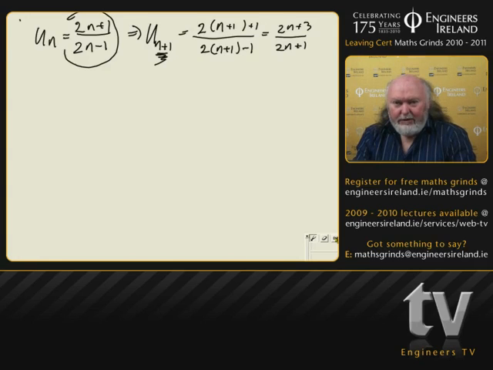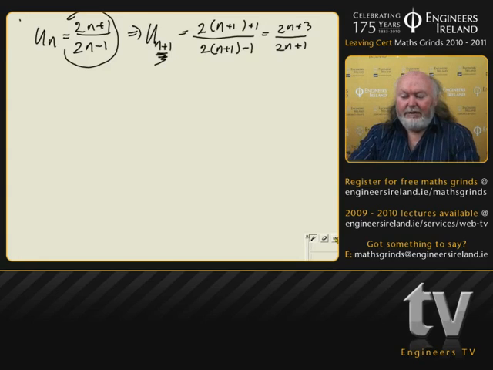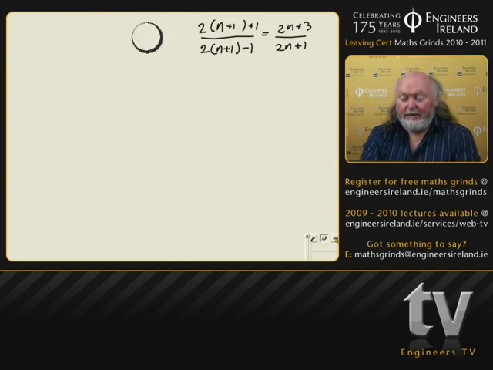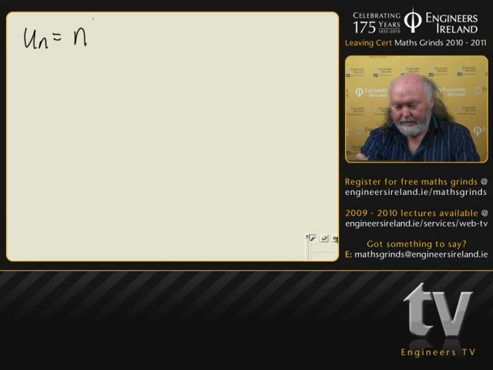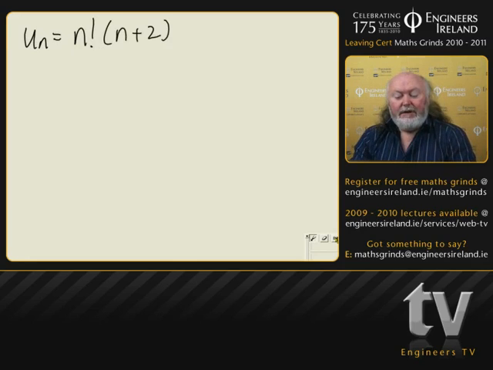I'm deliberately going to go through the second example here because one of the other areas that people seem to have a lot of difficulty with is dealing with this type of thing: factorials. For some reason they have difficulty. So we're saying this is the one where the nth term, the un, is n factorial multiplied by n plus 2.